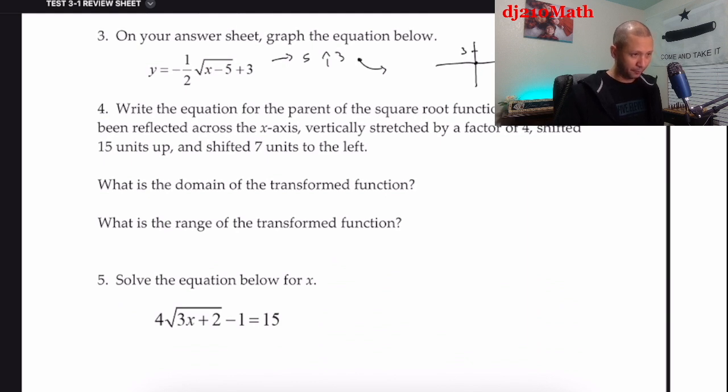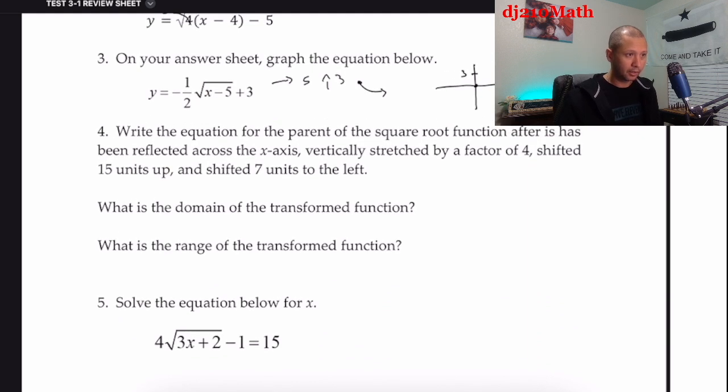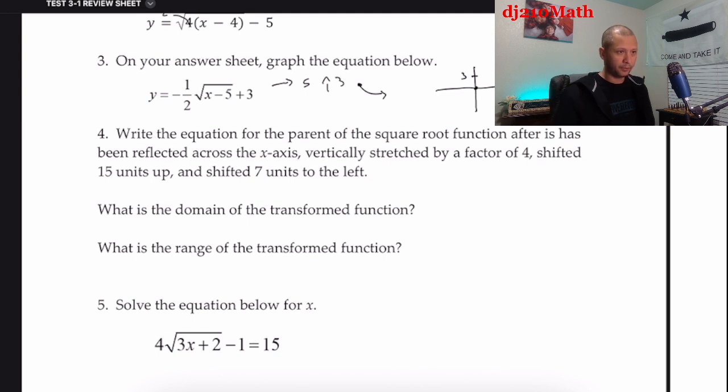Okay, number 4. Write the equation for the parent of the square root function after it has been reflected across the x-axis. So that means it's going to be negative, vertically stretched by a factor of 4, shifted up 15 units, and shifted to the left.